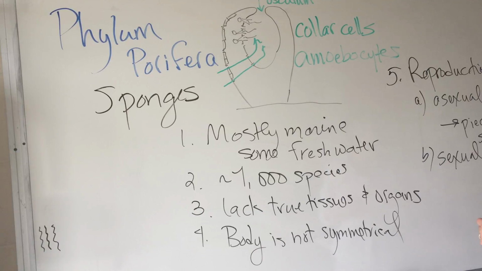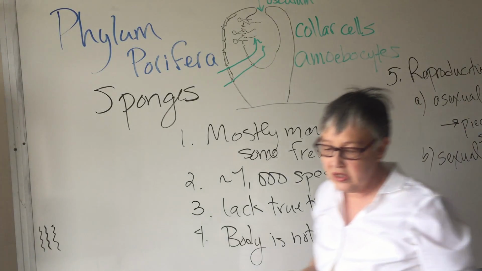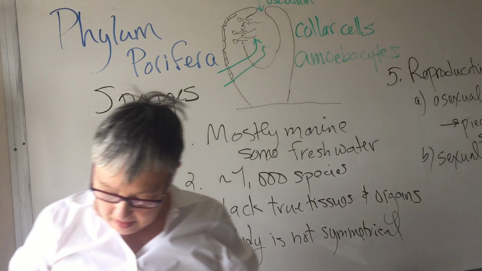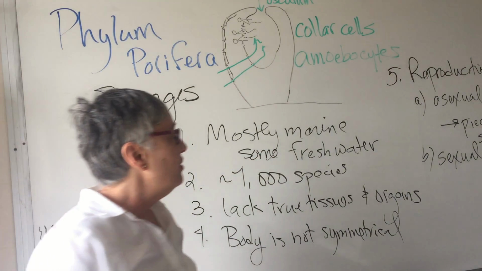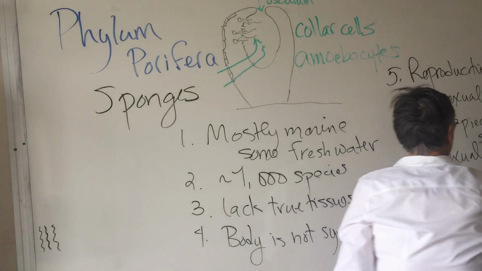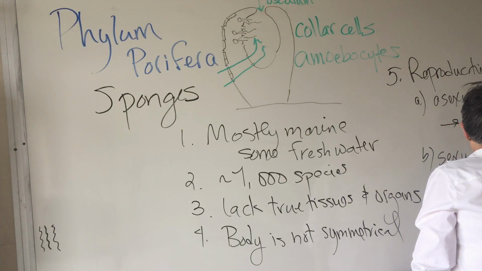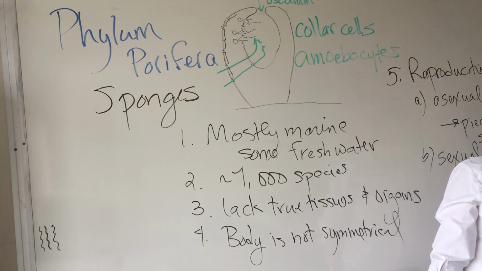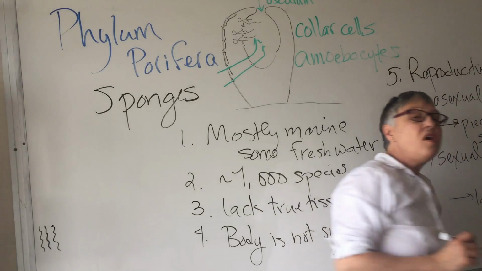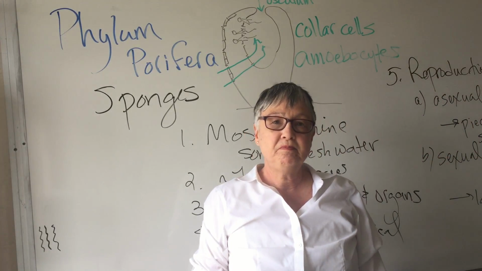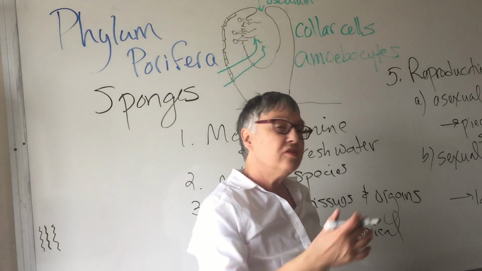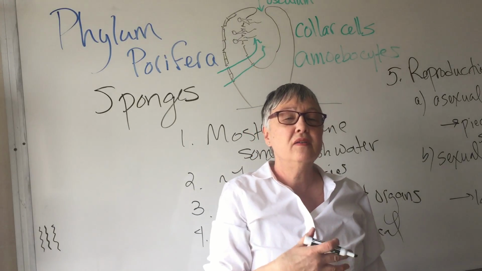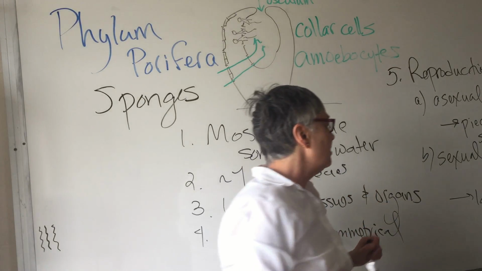In addition, there is sexual reproduction, in which larvae are produced. The larvae are free swimming, so they can actually move from the site of the parent sponge.